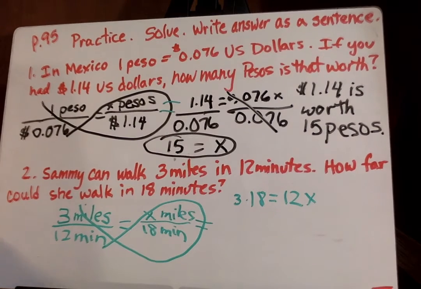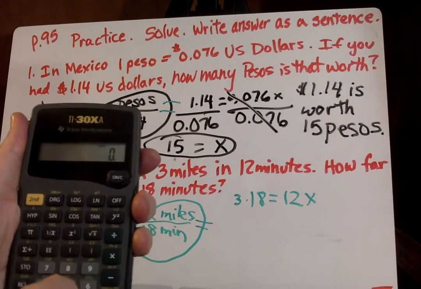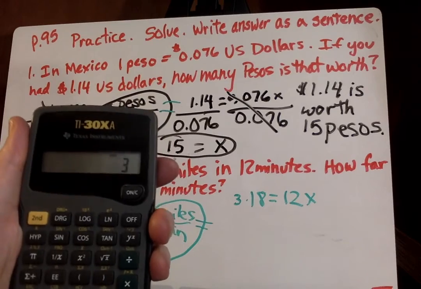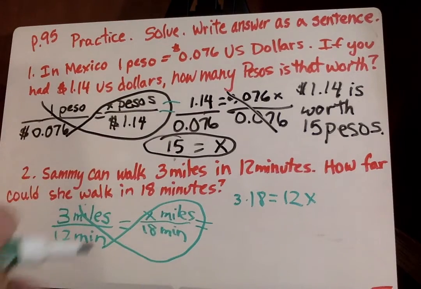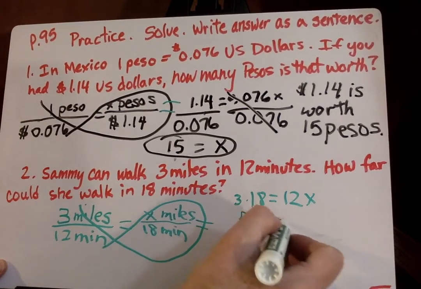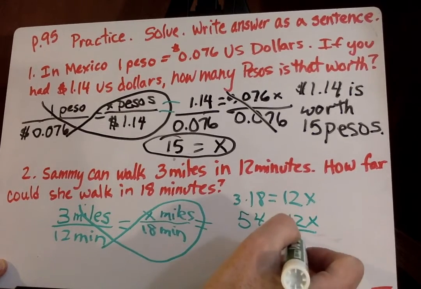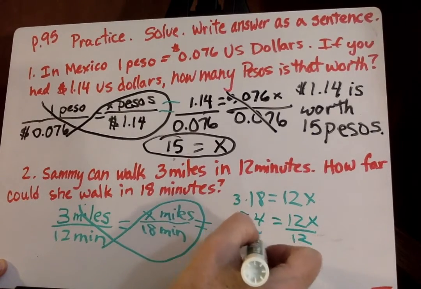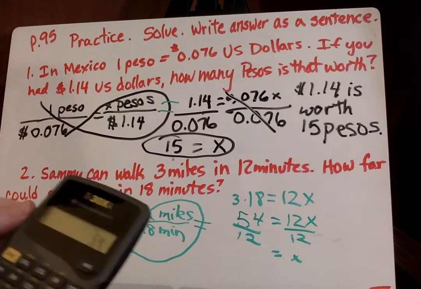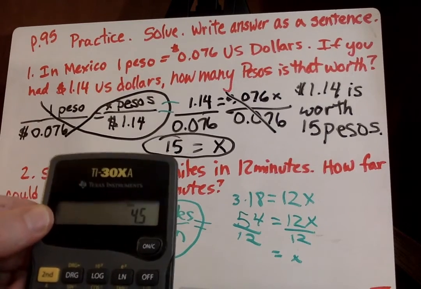So 3 times 18, get our handy dandy calculator. 54. And then divide by the number in front of x. 4.5.